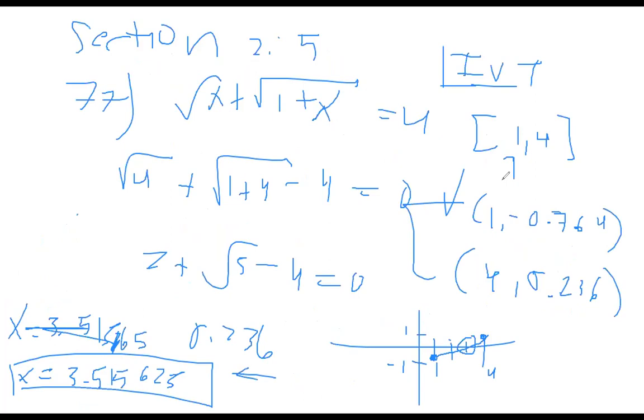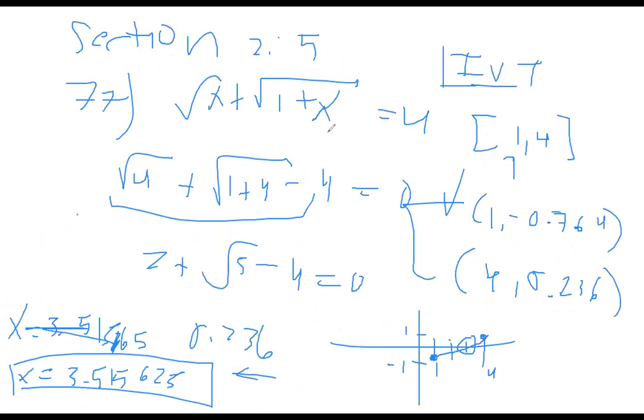Yeah, the connection was bad. For the formula, what did you plug in for y equals? In the calculator, you can just plug in the function. So plug in root x plus root 1 plus x minus 4. Yeah, minus 4, because we want to make this equal to 0. You want to make sure the function is equal to 0, so you might have to do a little algebra there.